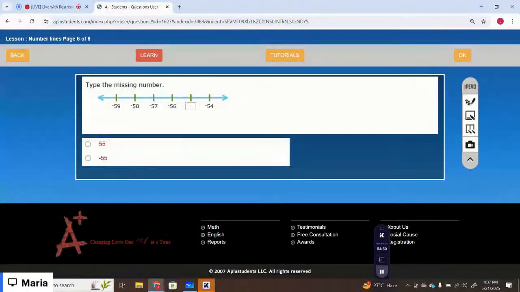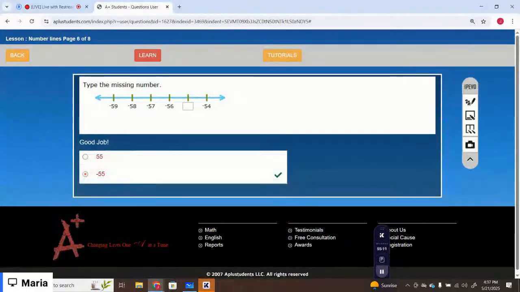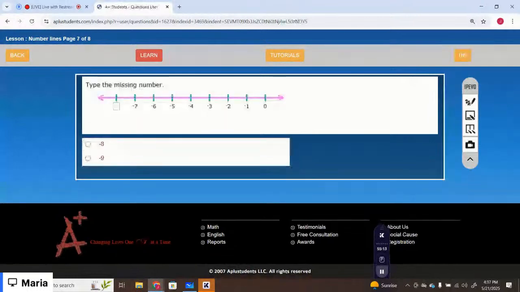Type the missing number. So which number is missing? That is negative 55. Option number two is the correct option. Type the missing number.